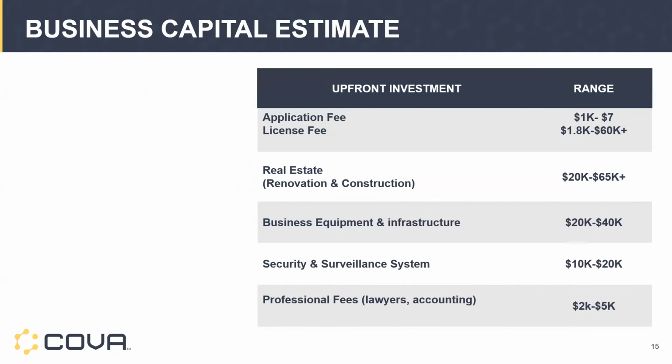We did a survey across the US and tried to figure out what the capital required was to get into a dispensary. And these are averaged across the US. Those costs can be anywhere from $55,000 to $200,000. And these are the big buckets that you need to consider. A lot of times people don't realize that in almost every jurisdiction, you need to invest in security and surveillance.